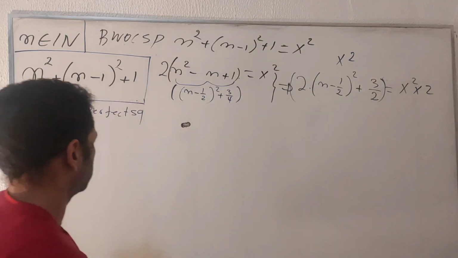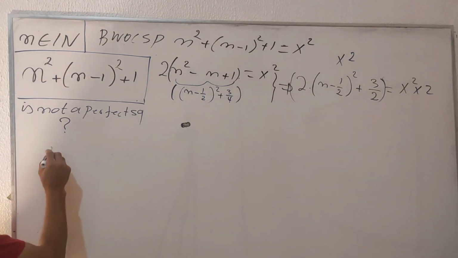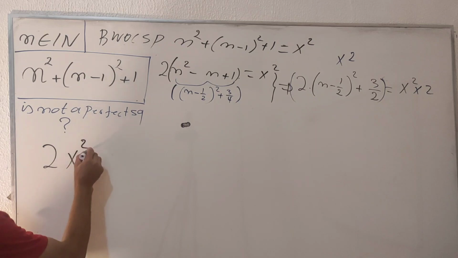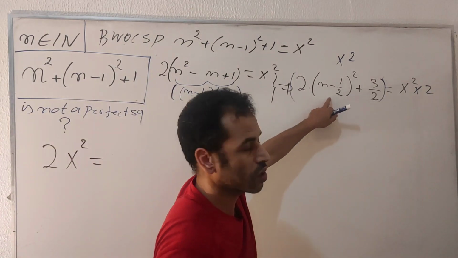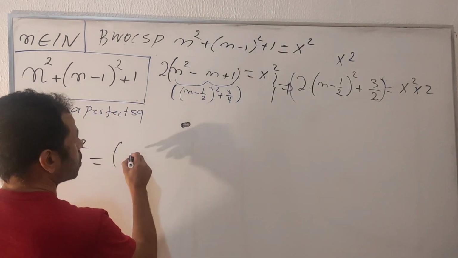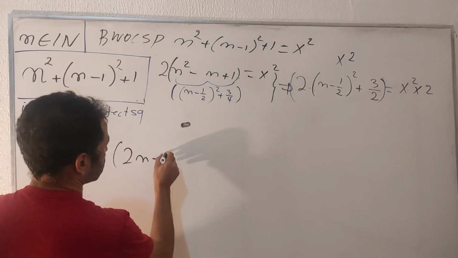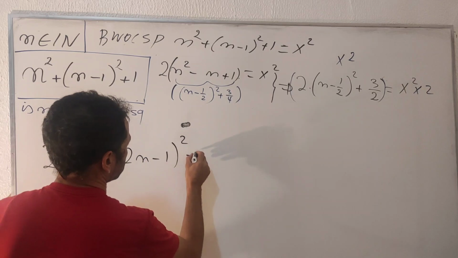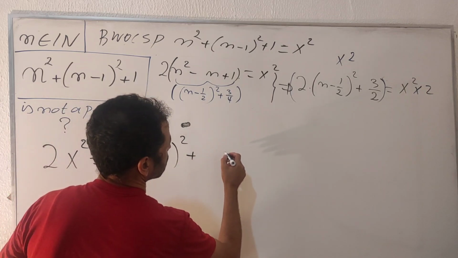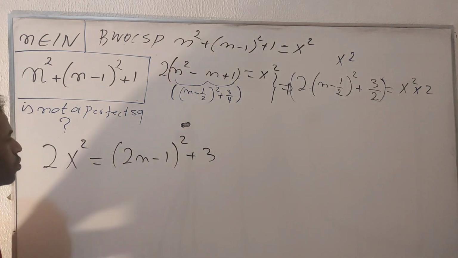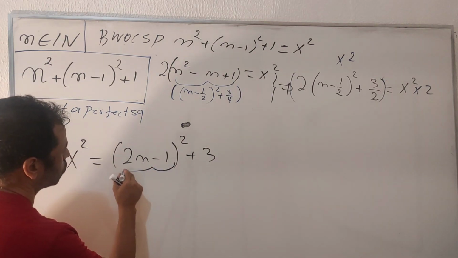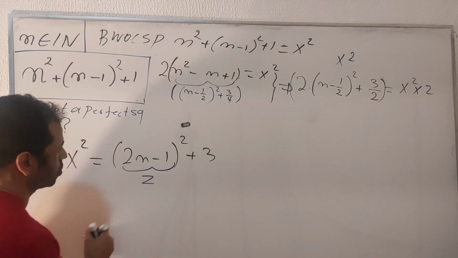So multiplying both sides by 2, I get twice x squared equals this 4, and I'm going to put the 4 inside. This one becomes 2n minus 1 quinary square plus 3 here. Now let's go through the substitution. I'm going to put this as z.